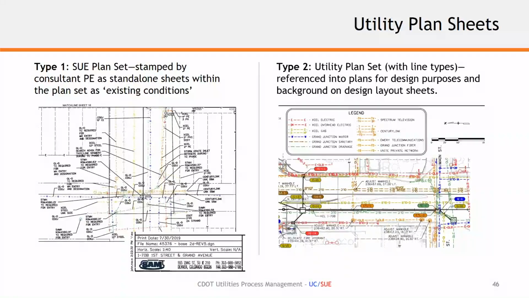So you'll see that SUE and utility coordination are on this slide, and the left deliverable, type 1, is primarily SUE, and then utility coordination leverages the type 2 plan set from there. That's really what we're trying to convey in this slide: there are two types of utility sheets, the SUE plan and then the utility plan.